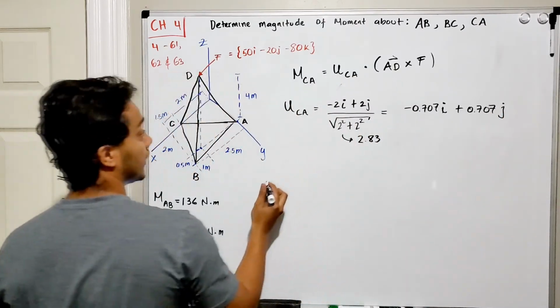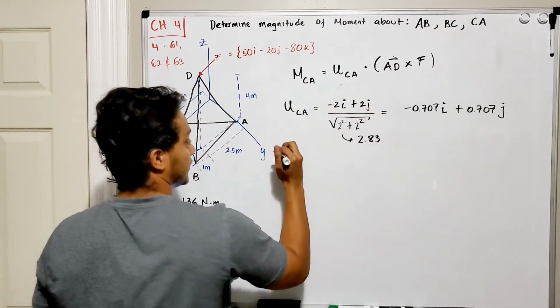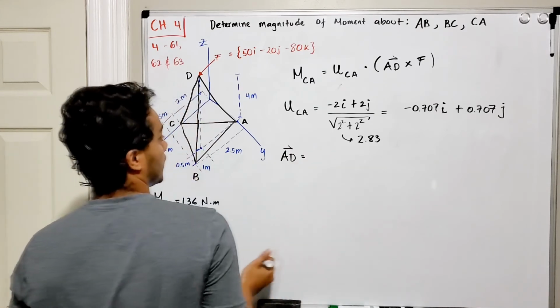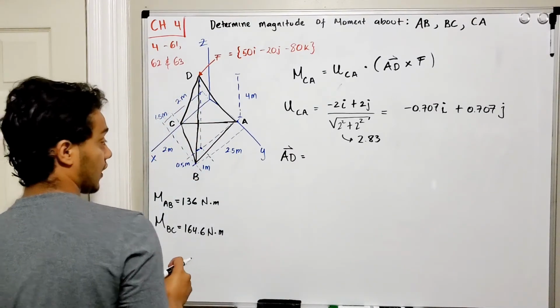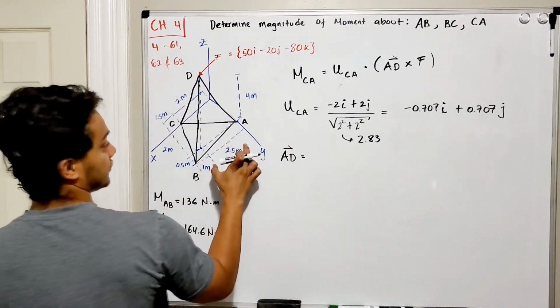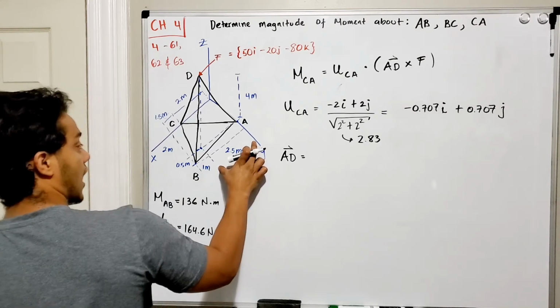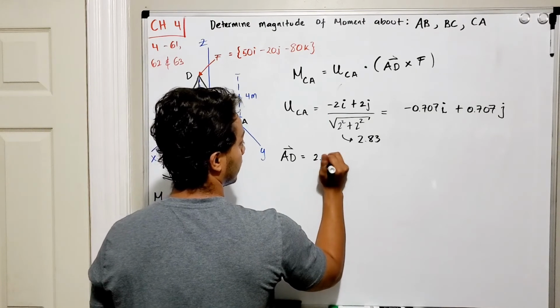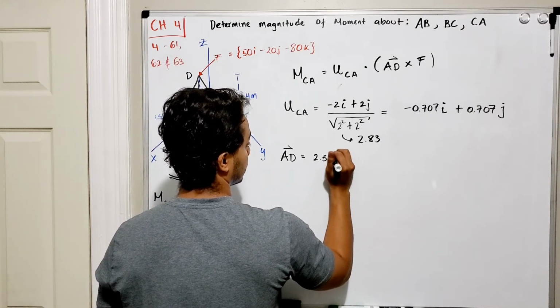Now we need to find the vector distance AD. So the vector distance AD is going to be, in the x direction, D has 2.5, so we got 2.5 in the i direction.